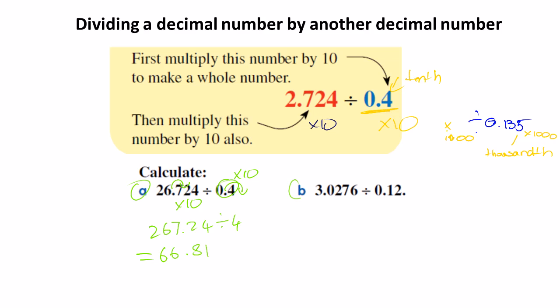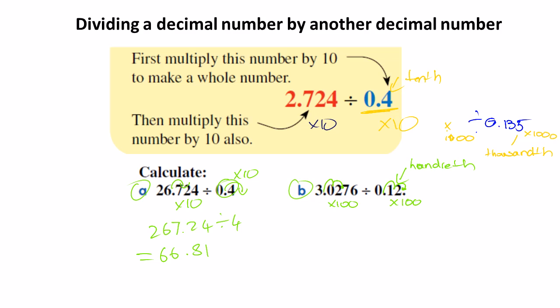For B, what position is that? That position is hundredth. That means I multiply that by 100, and I multiply that one by 100. What does that mean for this? I move my decimal point 2 positions that way, and I move my decimal point 2 positions that way.